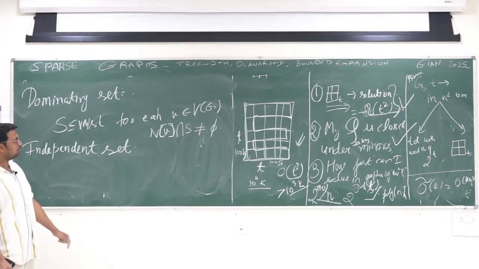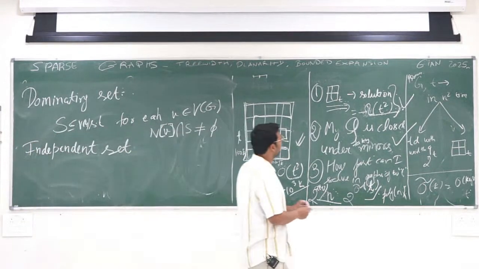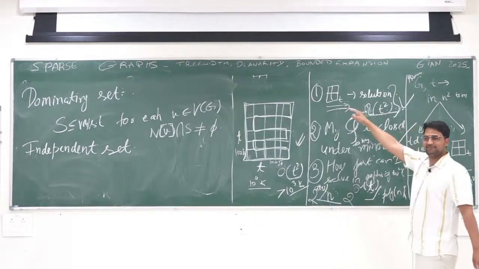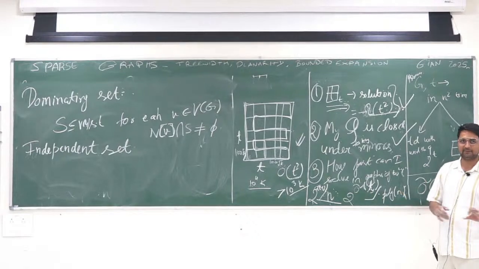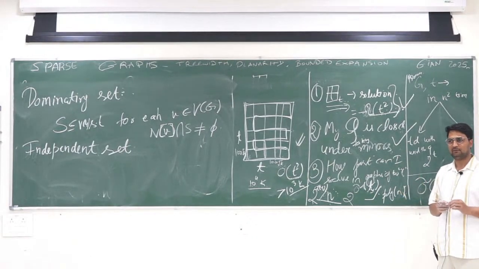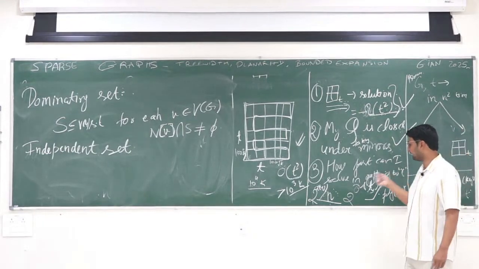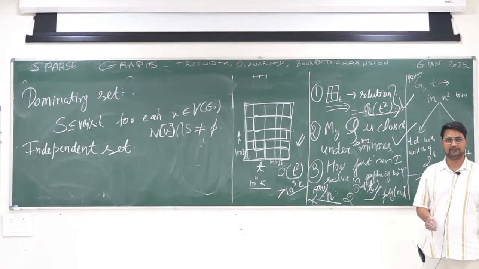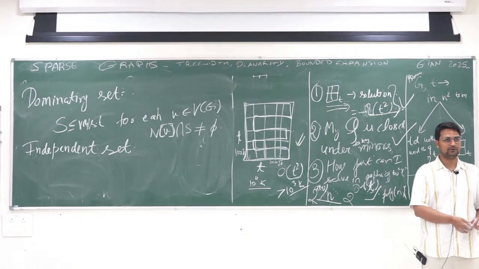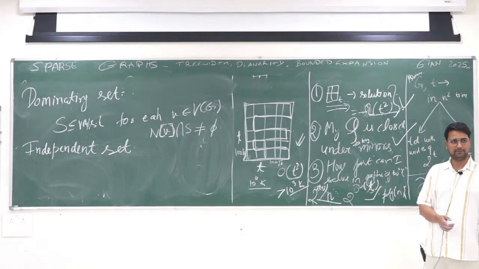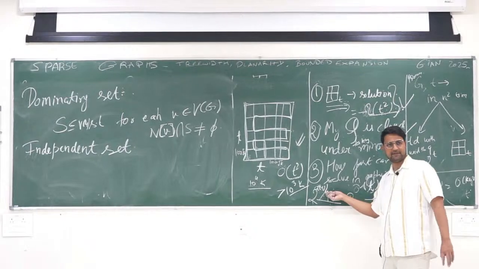Okay, so let's ask our three questions one by one. First question, what is our solution size on a grid for a dominating set? I don't want the exact number, I just want the order. Order of t squared. Everybody is convinced? Third question, how fast can I solve these problems on graphs of treewidth t? The first example we saw in the first class was independent set, and we solved independent set in 2 to the power order treewidth time.